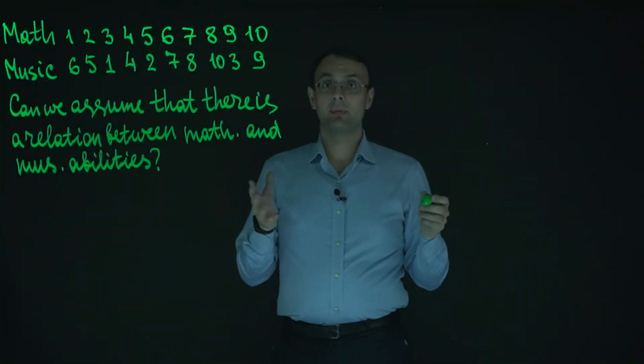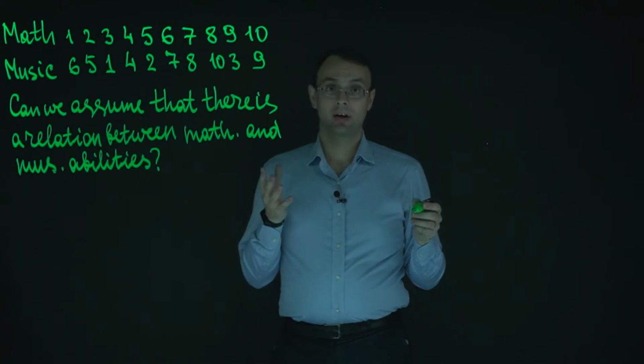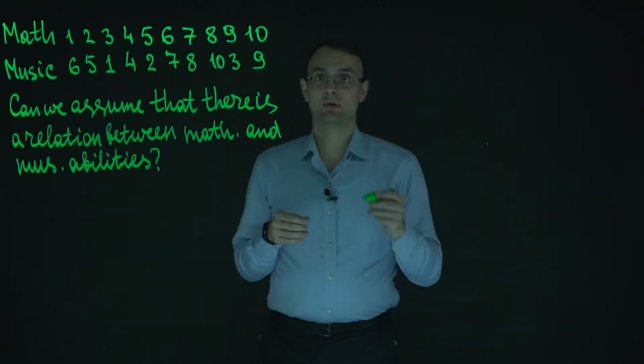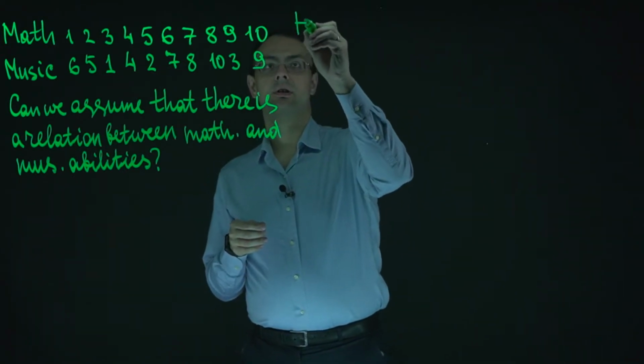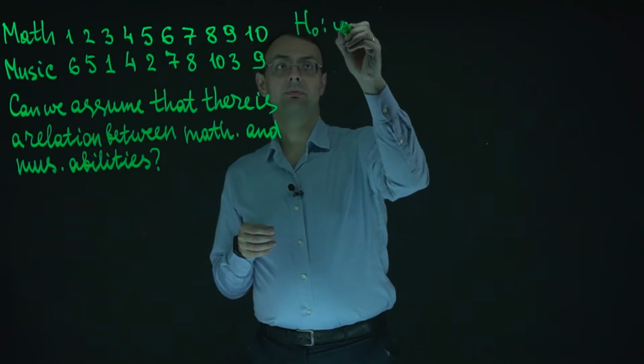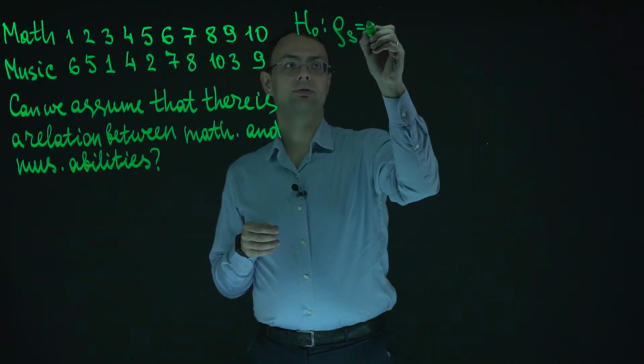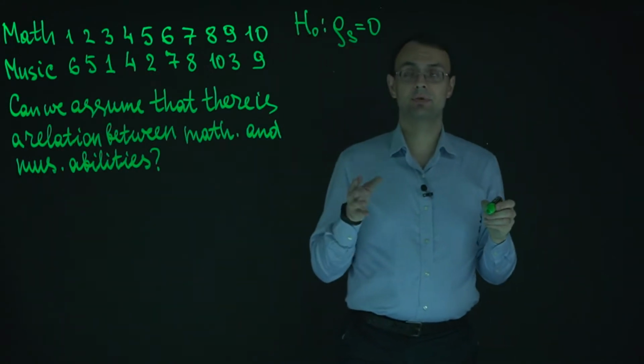So what are the hypotheses we are going to test? The null hypothesis is always that Spearman's rho is equal to 0, the theoretical value of Spearman's rho.